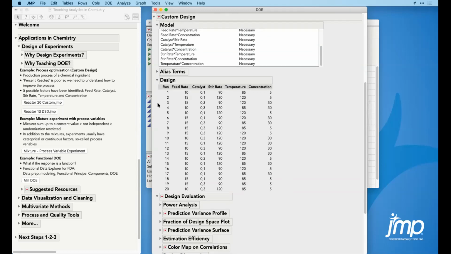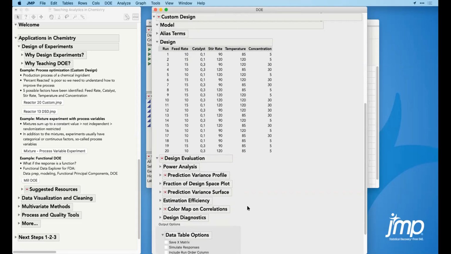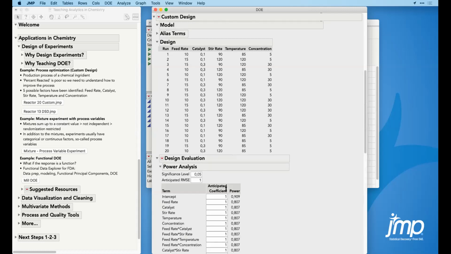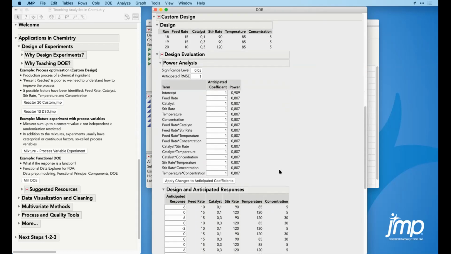And then this is the test plan, 20 runs you have to carry out and you have to measure your response. Quite interesting is that you can look at the quality of the outcome, what you can learn from this experiment before you actually run the experiment. So here you see the power, for instance, and the power is interesting because this tells you how likely it is to confirm an active effect.